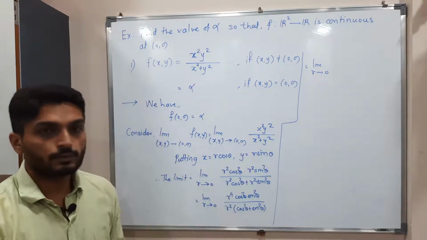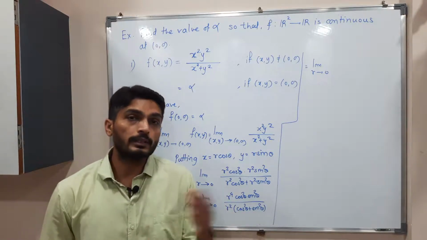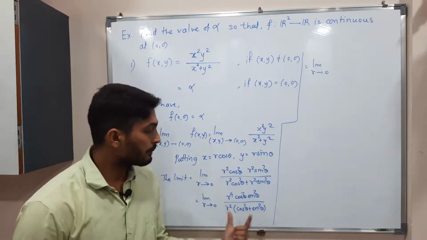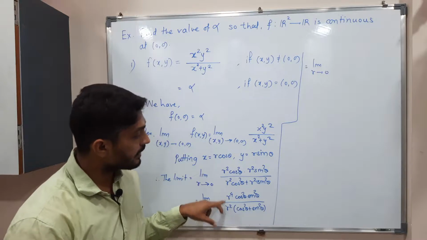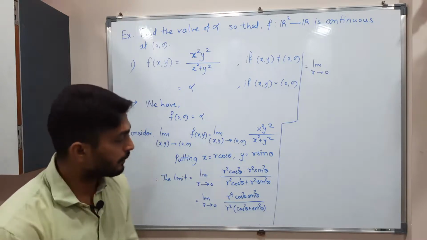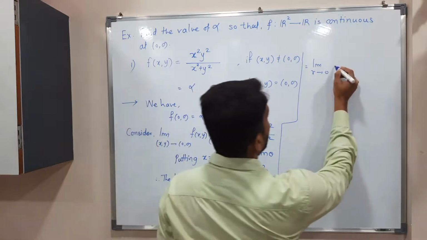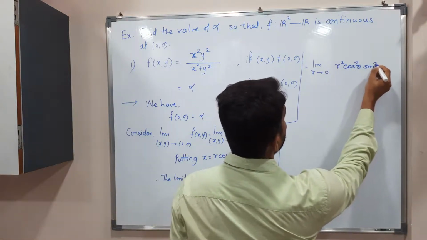Yes, r square we can cancel. Also, cos square theta plus sin square theta is a very standard formula; its value is 1. So the value of this bracket is 1, and we are cancelling this r square also. So we will have just the numerator only. What will be the numerator? r square cos square theta sin square theta.